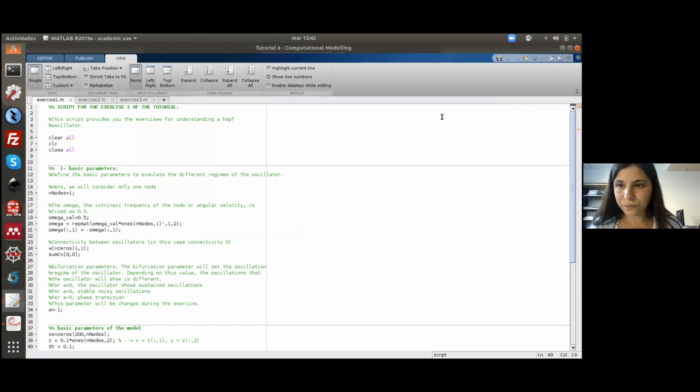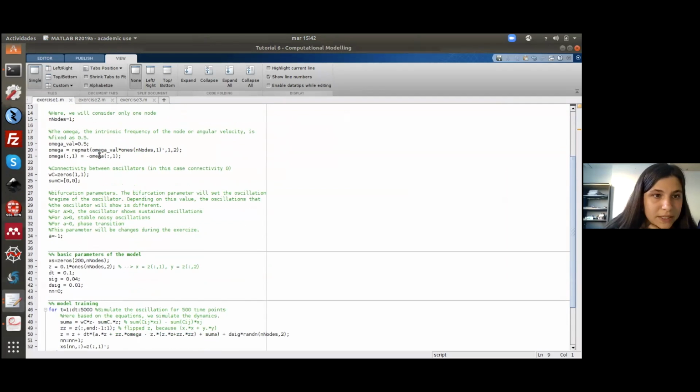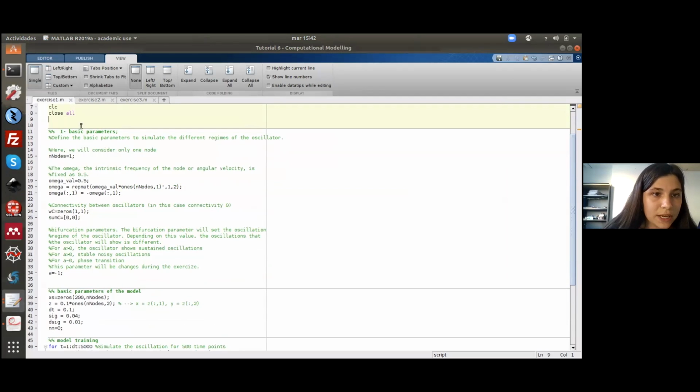Okay. So here we have the script of the first exercise. This script contains 3 main parts. In the first part, as you can see here, we are going to define the basic parameters. First of all, we set the frequency of each node to 0.5. This is the internal frequency of the oscillator.